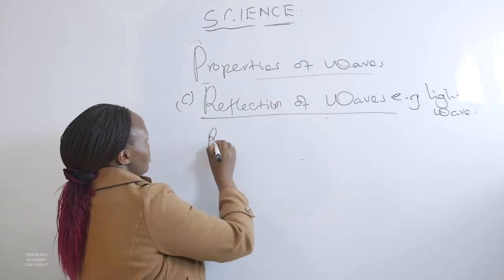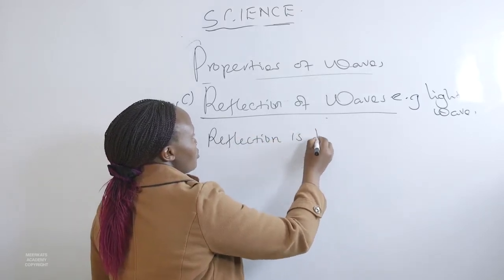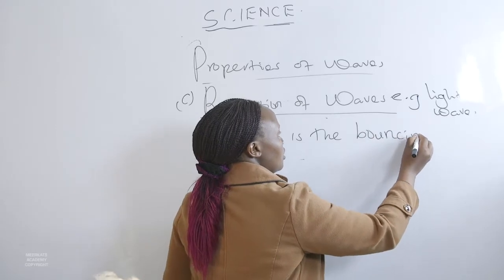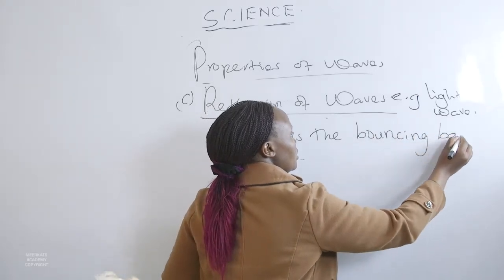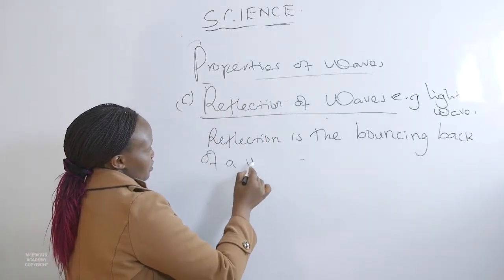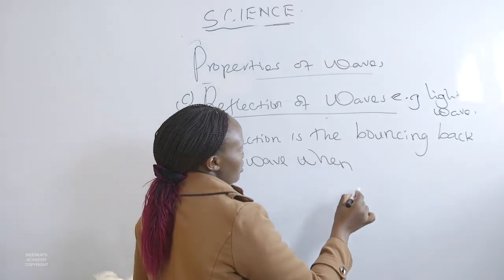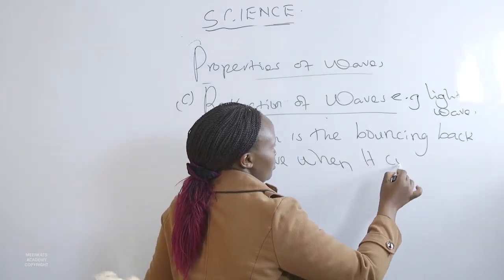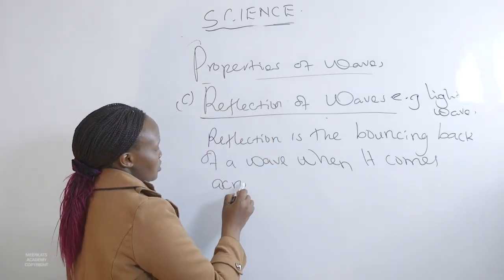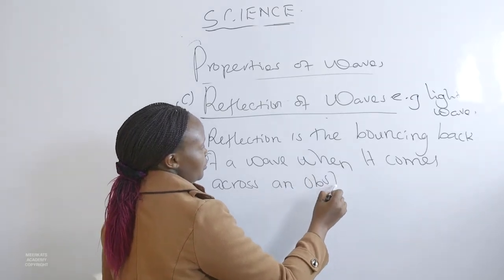So reflection is the bouncing back of a wave when it comes across an obstacle.